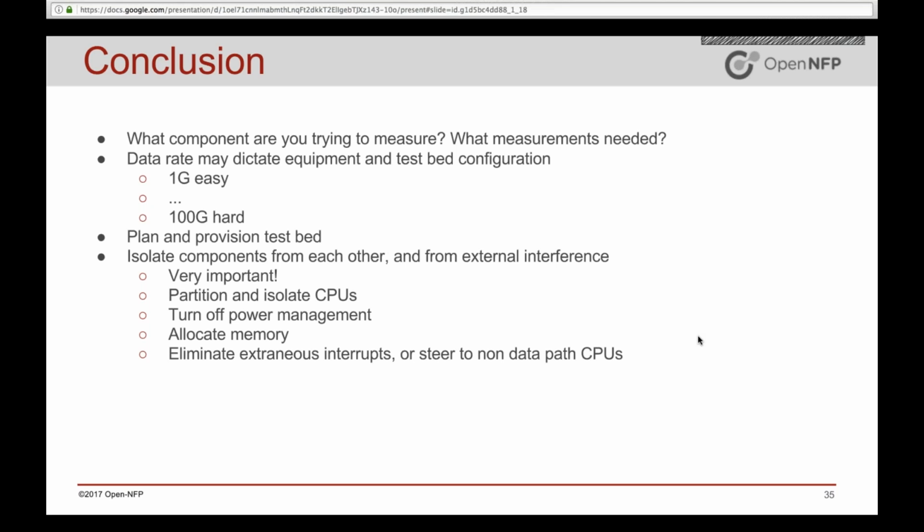So isolation and partitioning of resources and ensuring the system is running at maximum speed for any of these measurements are the key factors. So that concludes our talk. There are some additional slides at the end that we did not present, but that cover different topologies that you might use to go into a little bit more depth on the variations on test topologies.